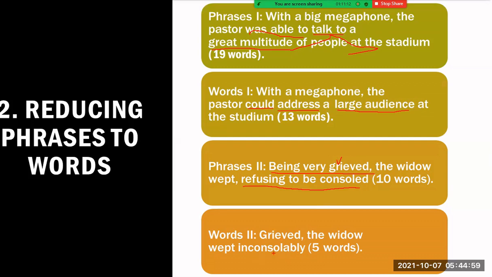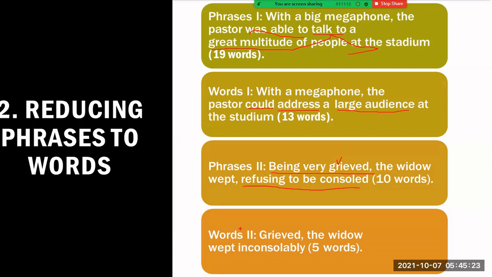That means you can't console her, refusing to be consoled, unable to be consoled, inconsolably, all right? So that is a very, very smart way of reducing words, paraphrasing the entire expression, and giving it a very professional touch.